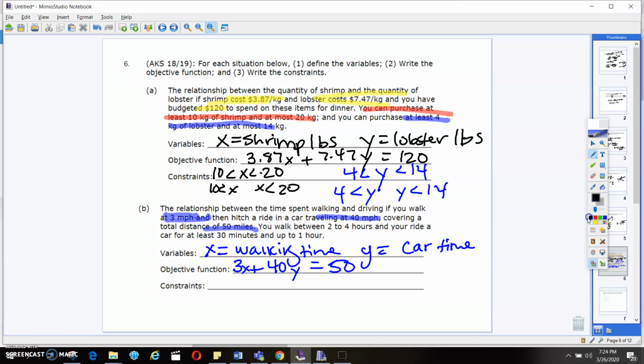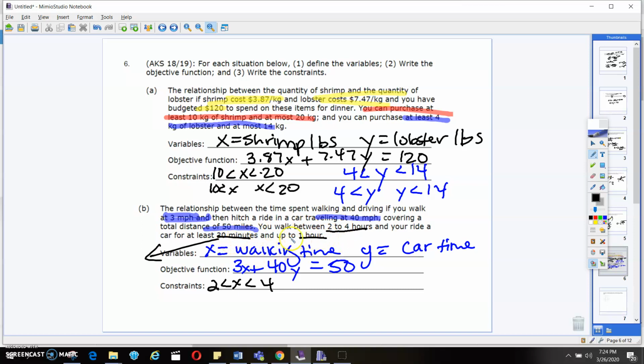And then they tell us constraints. And our constraints are 2 to 4 hours when you walk. So X is going to be in between 2 to 4 hours. Okay, and then you ride in a car for 30 minutes up to an hour. Now this 30 minutes, we've got to make sure that it has the same unit as the other one. So we have this 1 hour over here. So minutes and hours, those are two different units.